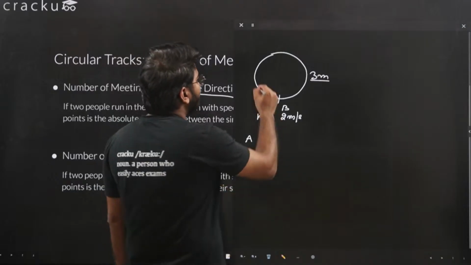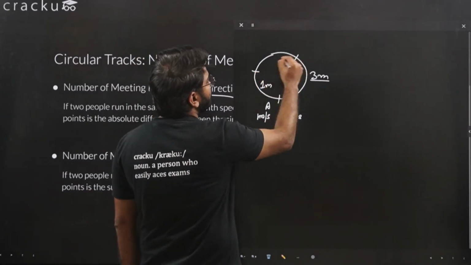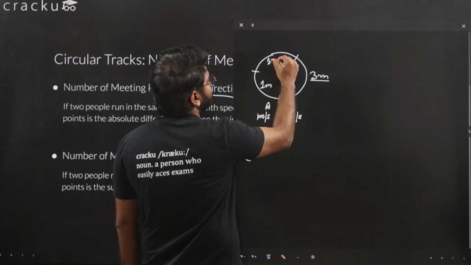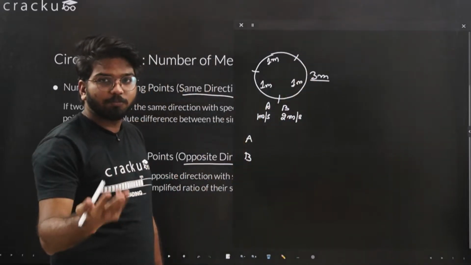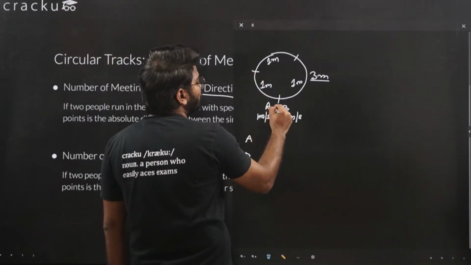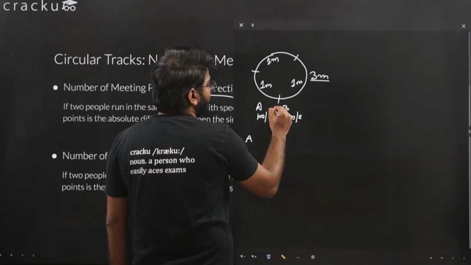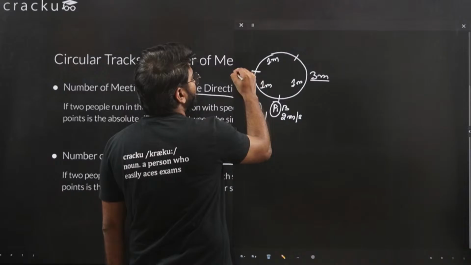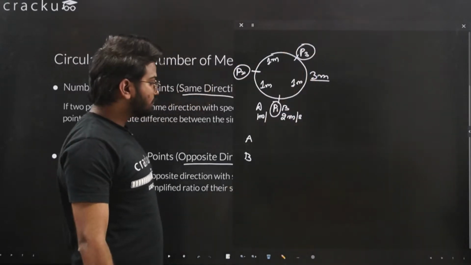So let's say this is 1 meter, this is another 1 meter, and this is another 1 meter. So we have divided the track into 3 equal parts. Let's say this point is P1, this point is P2 and this point is P3.